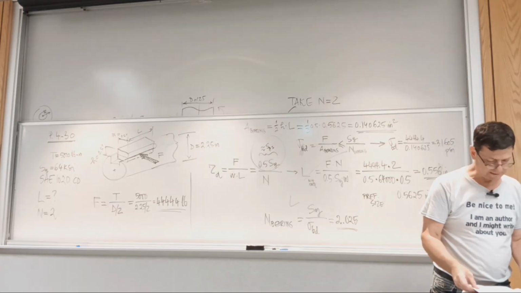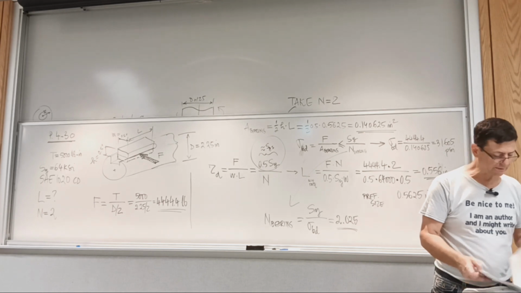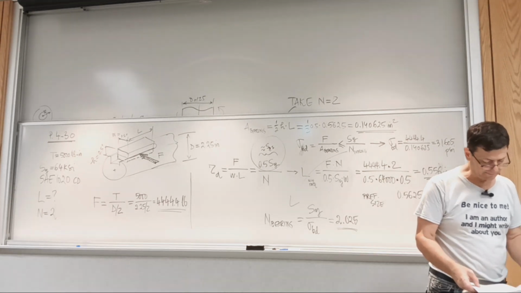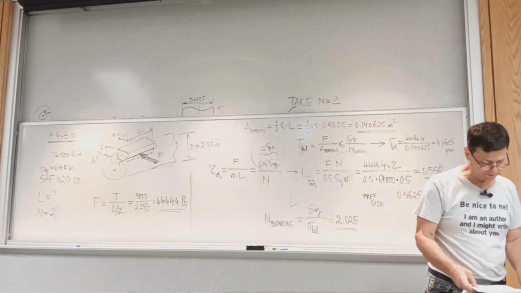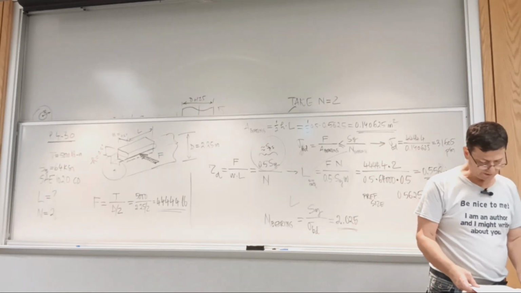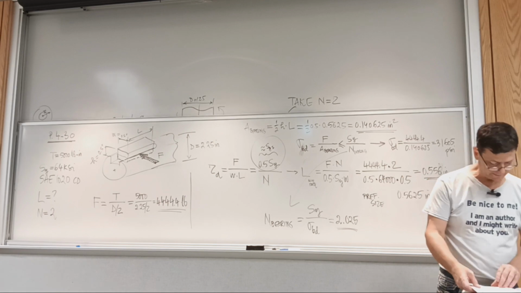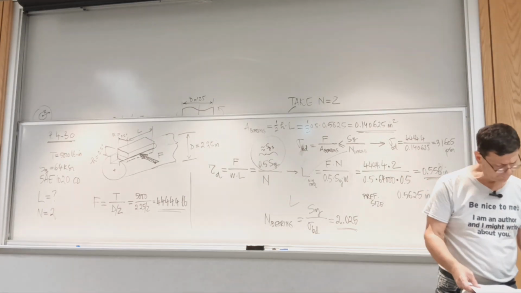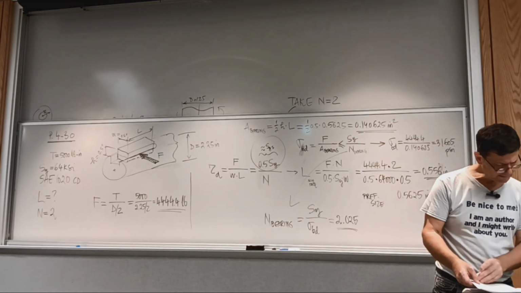For bearing stress, we need to go to chapter 3, and let's see what it says about bearing stress. So it says applied load or a bearing area, and then there is a table that tells us.